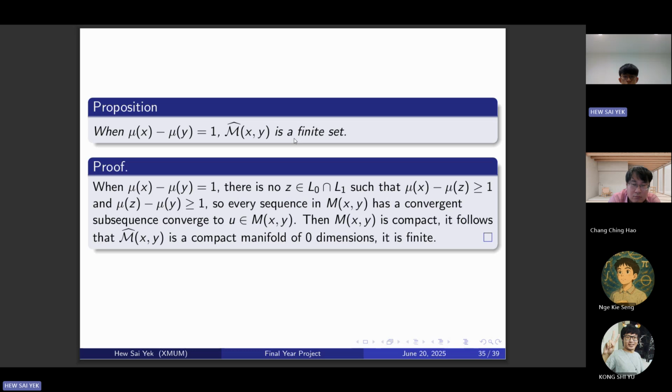Since every sequence has a subsequence that cannot converge to a broken trajectory, it converges to a trajectory in the moduli space. Then it is compact, so the quotient space is finite.